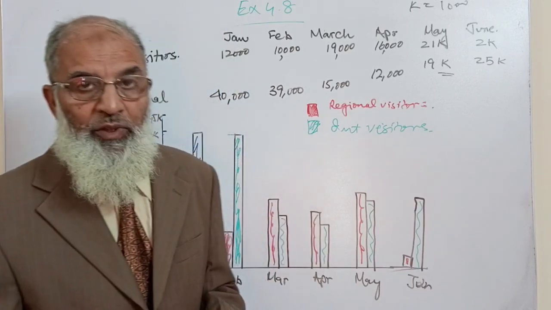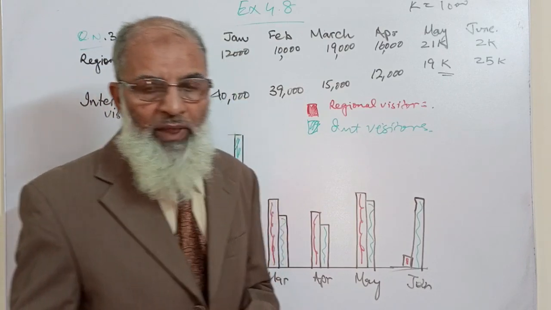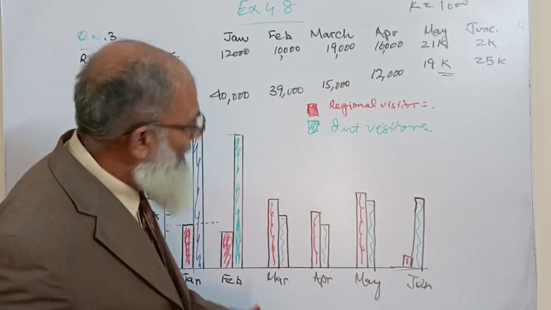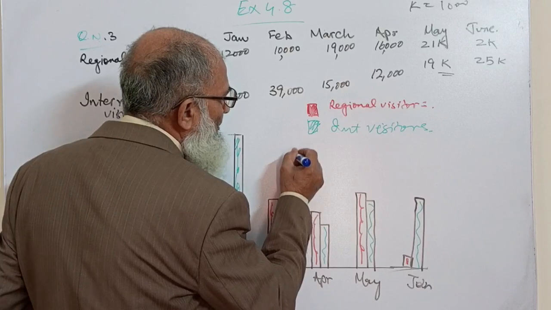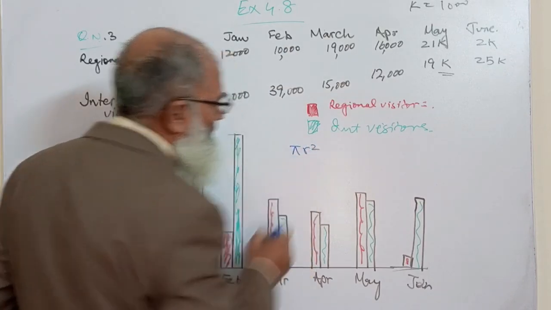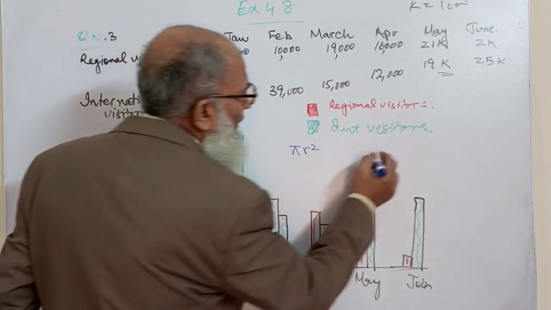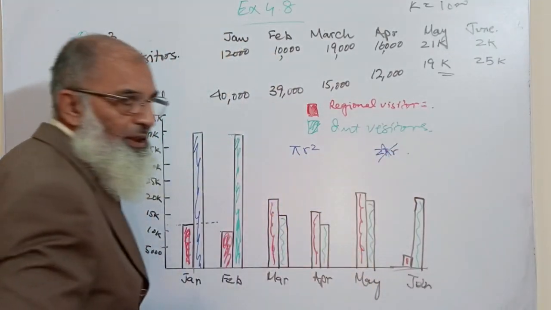The formula is the same which we have read in the area of the circle. What is the area of the circle? Pi r square. This is the area of circle, and this is the circumference. We are not concerned with the circumference.